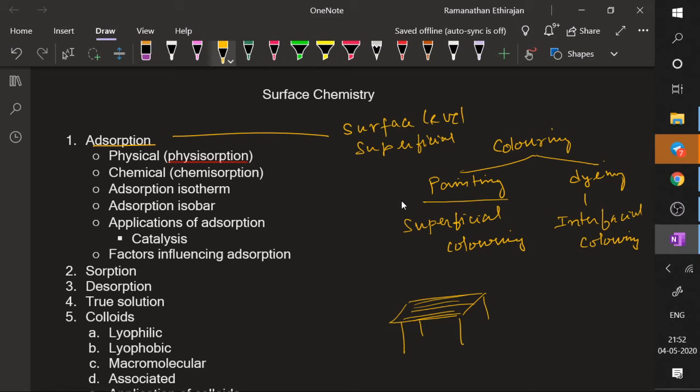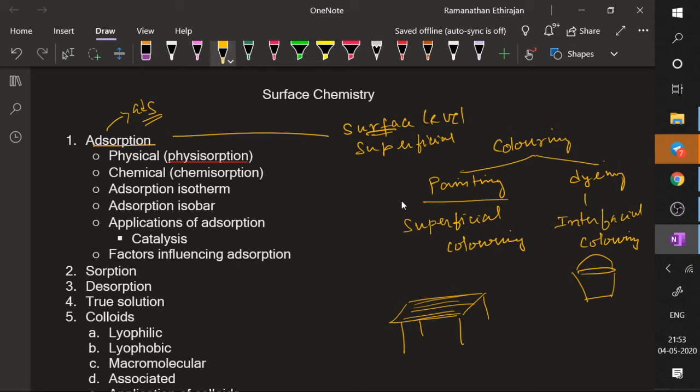So adsorbed means the surface level only, ADS, adsorbed. Whereas absorption means it goes inside the material. For instance, you have got some plastic bucket where it is colored. So the entire plastic is colored, dyed. So hair dyeing is an interfacial phenomenon. It penetrates into the substrate, whereas this coloring takes place on the surface only. I hope now you should be able to understand.